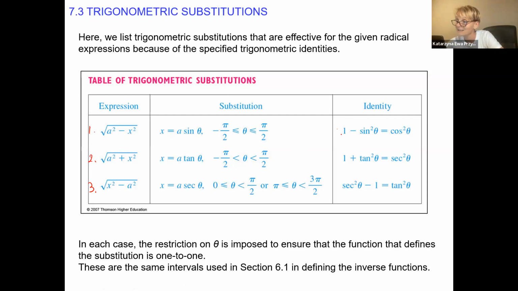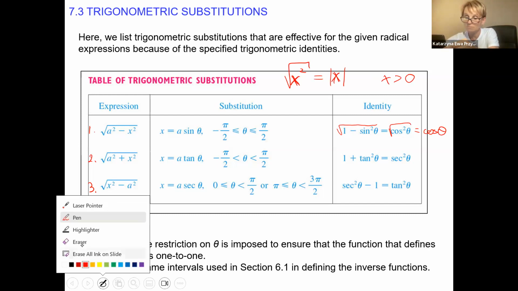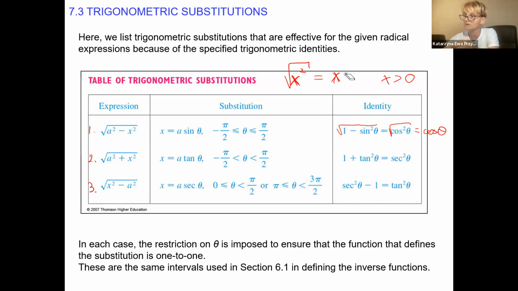How can we rewrite 1 minus sine square theta? Cosine square theta. And if this is under the square root, can we simplify the square root of cosine square? We still have to be careful because when we have expressions squared under the square root, but if we know that this quantity is positive, we don't have to put absolute value.